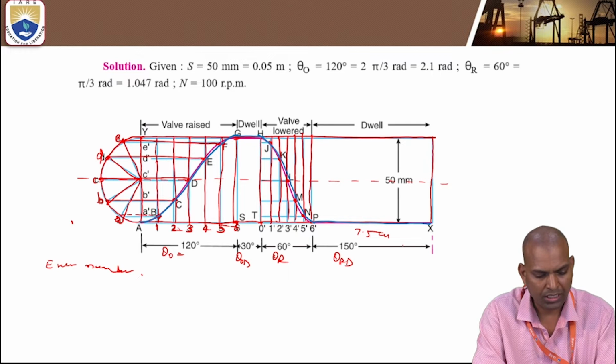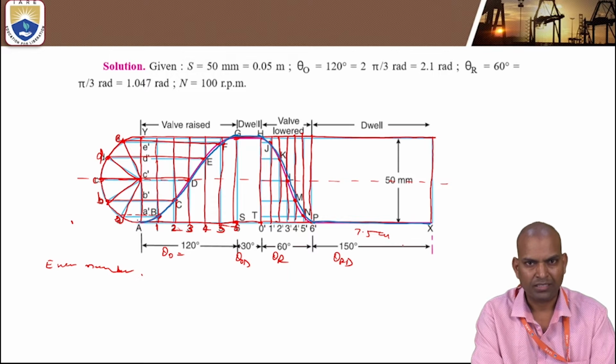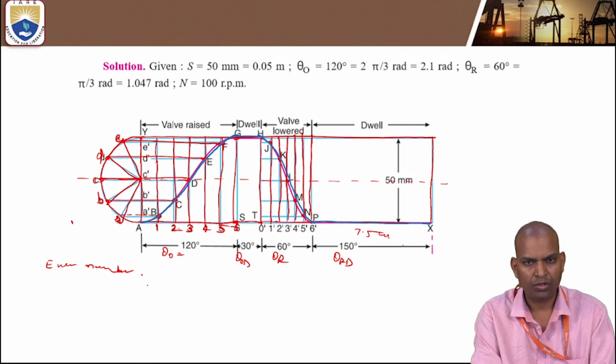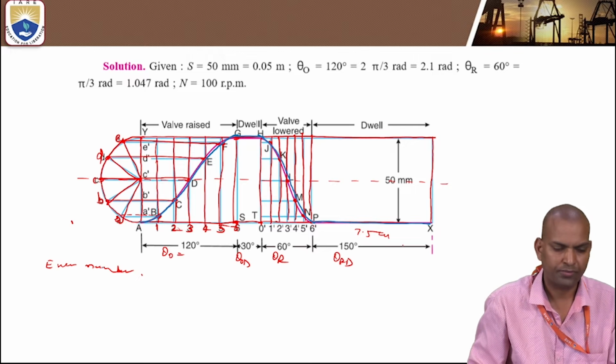Those intersections give the displacement tracing points of the follower. Then join these points A, B, C, D, E, F, G, H, J, K, L, M and P, P to X. This curve is the displacement curve when the follower is moving with simple harmonic motion.